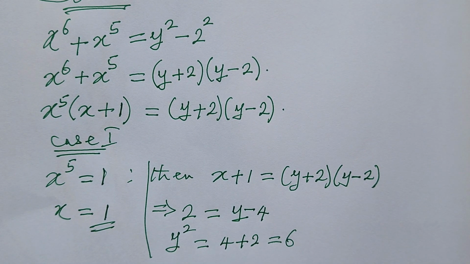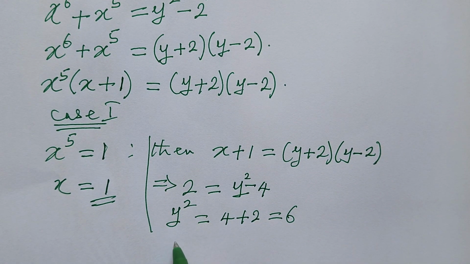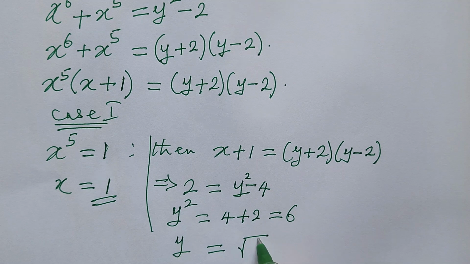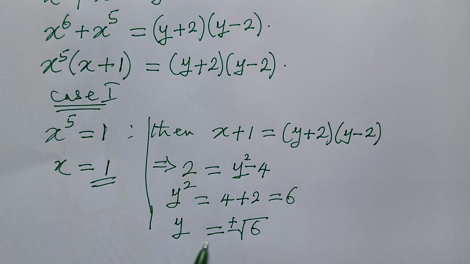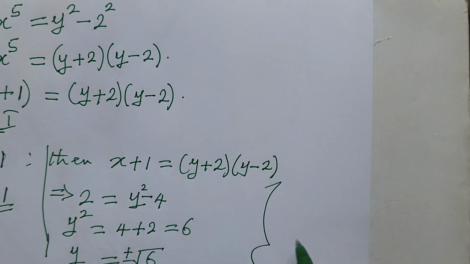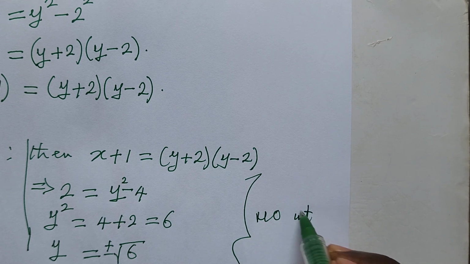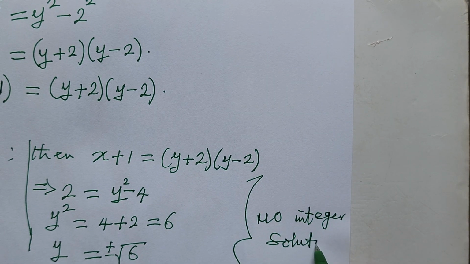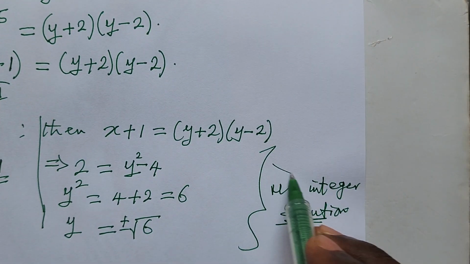So y will be equal to plus or minus the square root of 6. If you look at this, we don't have an integer solution from here. So from the whole of this, no integer solution, and this one is discarded.